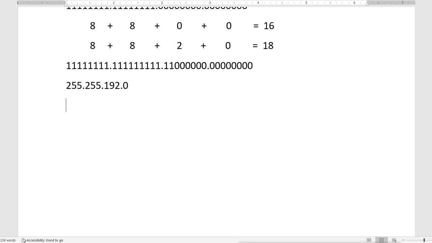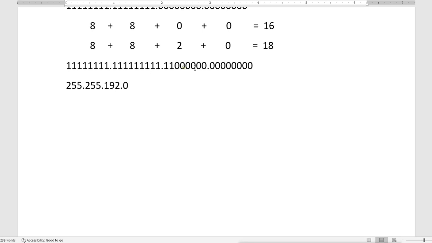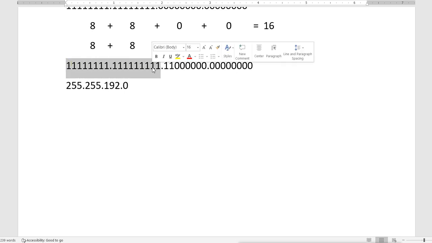Now we know what the subnetted mask is. Now we want to know how many networks we get and how many hosts we get. Remember, in the subnet mask, when the bits are on, they are considered network, and when the bits are off, they are considered host. Now because it is class B, these 16 bits are reserved for class B. We can't change or use them.